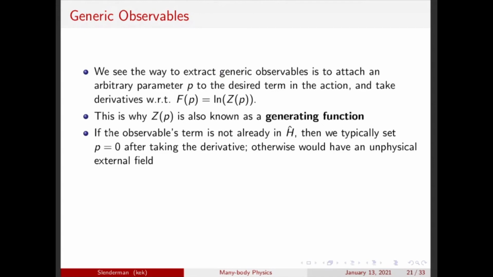And before, we already had a chemical potential in our Hamiltonian H. Now, for more generic observables, we don't want to introduce unphysical external fields. So for more generic observables that don't already have terms in H, we typically set the parameter equal to 0 after taking these above derivatives.